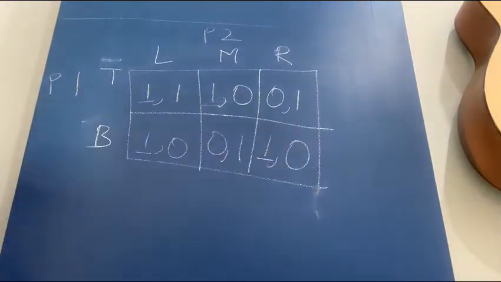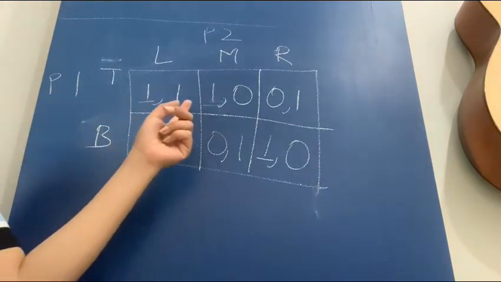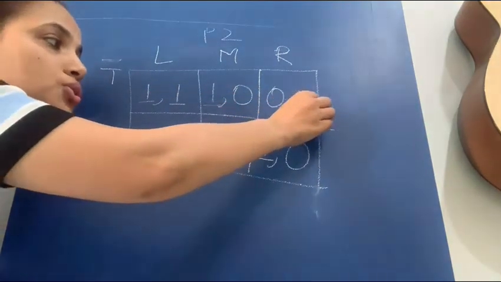So let's do this exercise for player 2 also. If player 1 has played T, then player 2 can choose L and player 2 can choose R also.